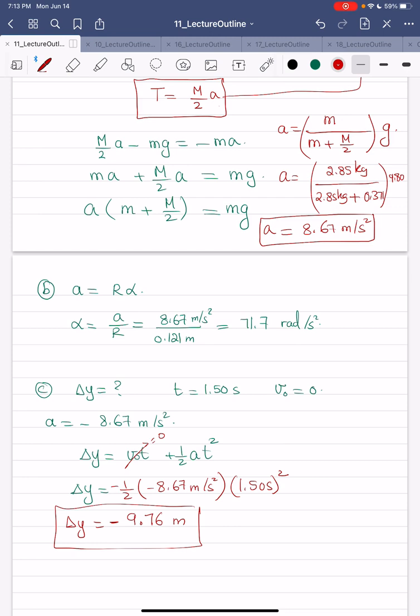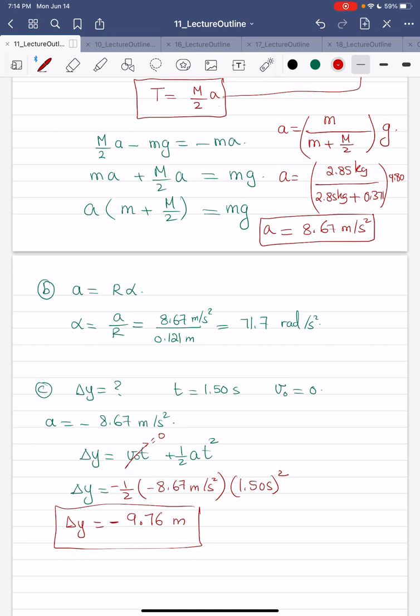Finally, here is going to be kinematics. I want to find what is really the y. t is 1.5 seconds. The initial velocity is 0. And the acceleration, since the bucket is accelerating downwards, is negative. Then I'm going to use my kinematic equation, delta y equals v0 t plus 1/2 a t squared.